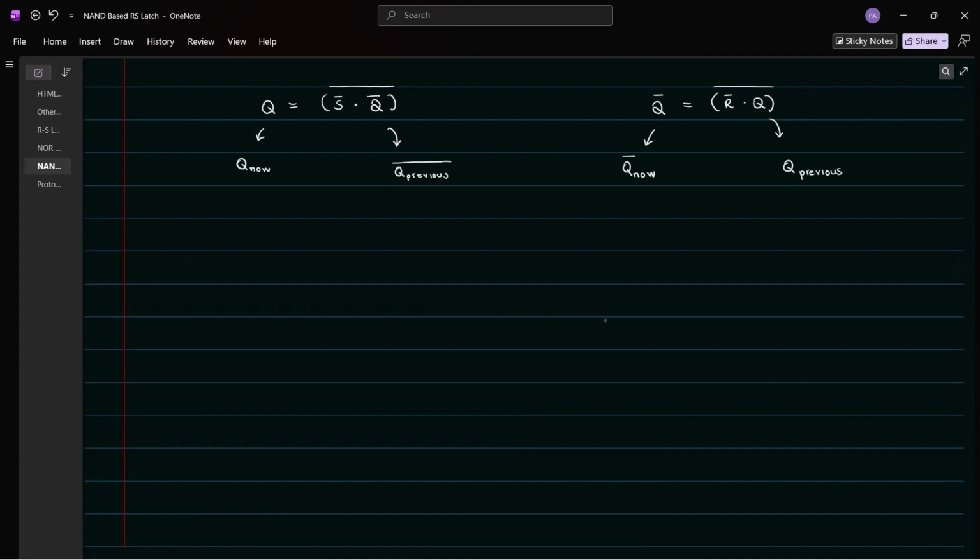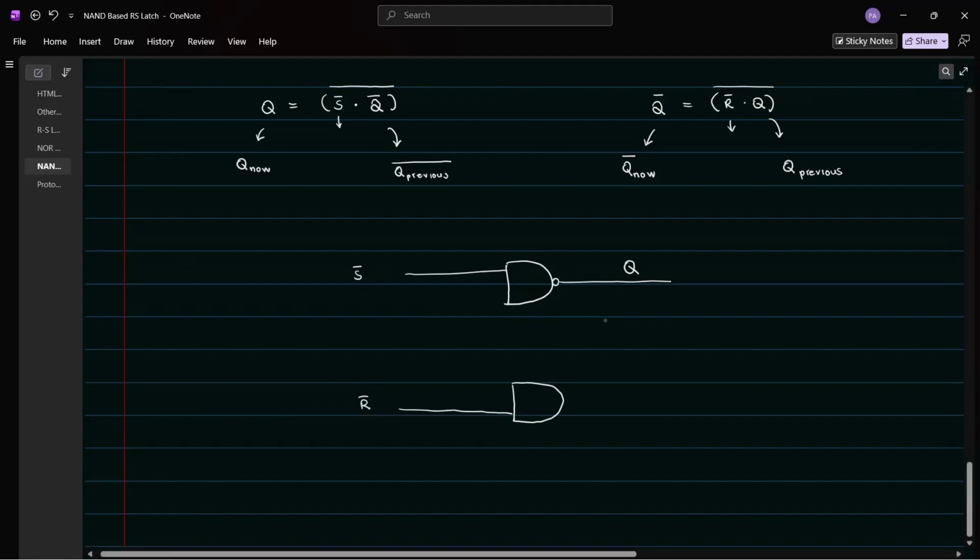That's the idea. We are working with S bar and R bar because NAND is an active low logic circuit. So we'll put S bar here and then R bar here. S bar goes through a NAND gate and is related to Q, and then R bar goes through another NAND gate and is related to Q bar.